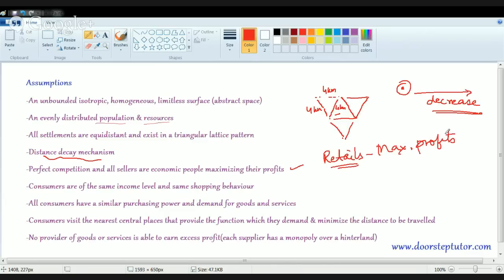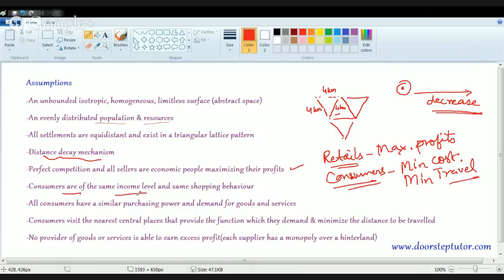While the consumers, on the other hand, their main aim is to minimize the cost and minimize the travel distances, so the travel cost and the travel expenses. He also believed that consumers have the same income level and the same shopping behavior. They have the same purchasing power and the same demand for goods and services.